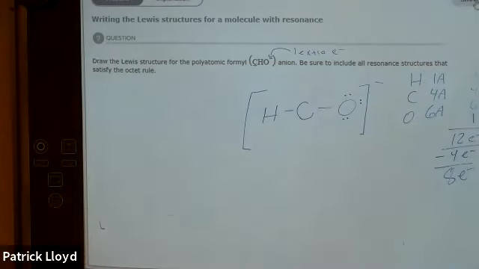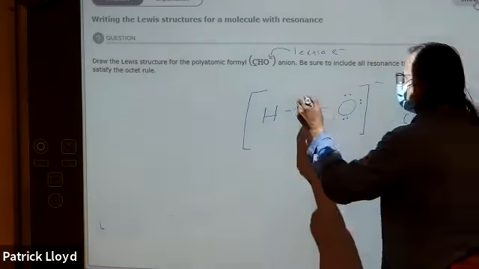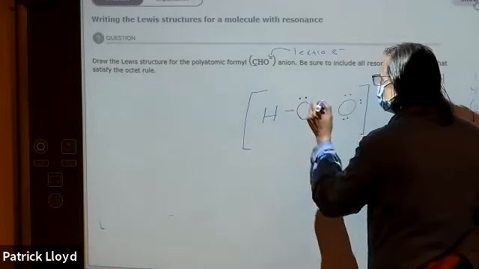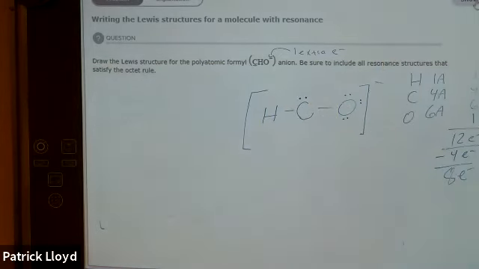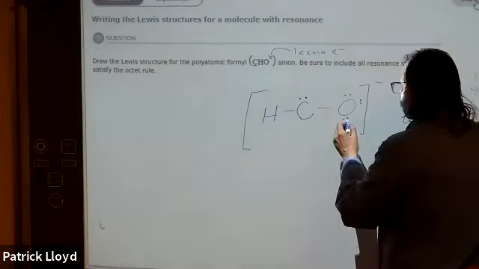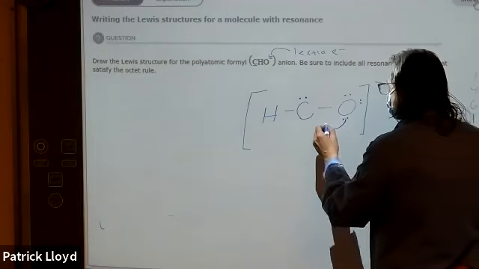So there's 6, another 2 will be right there. Now that does give you 8 for oxygen, but it's only 6 for carbon. So we can't use that as a Lewis structure. That wouldn't be a valid Lewis structure because the carbon only has 6. You've got to get to the octet. So one way to do that would be to move a pair over, just like that.